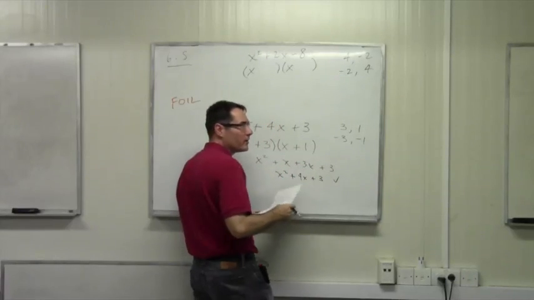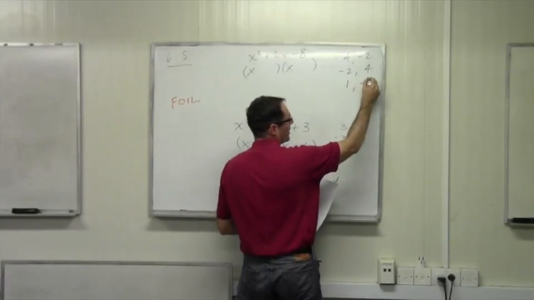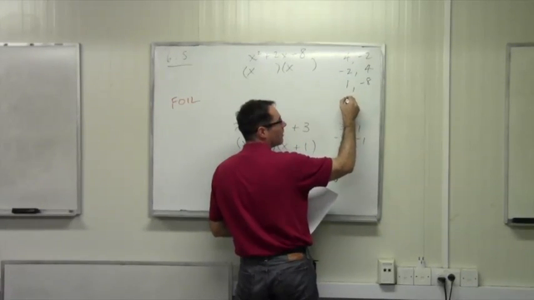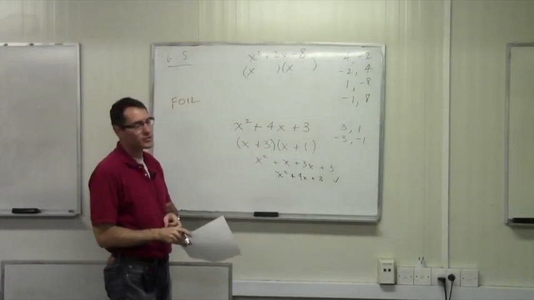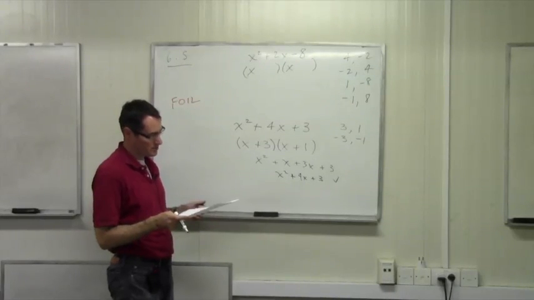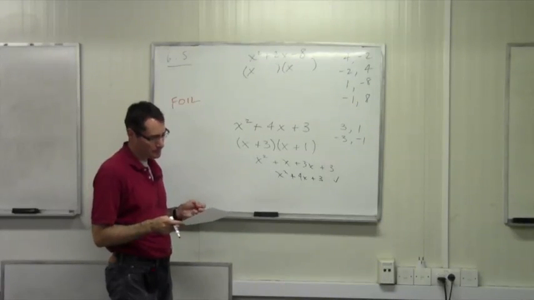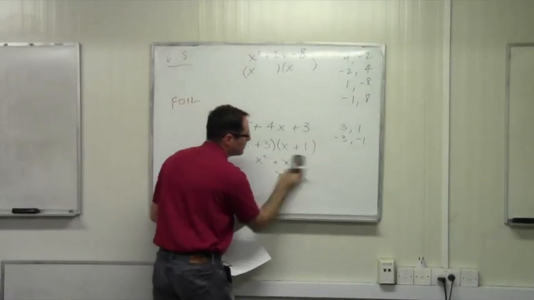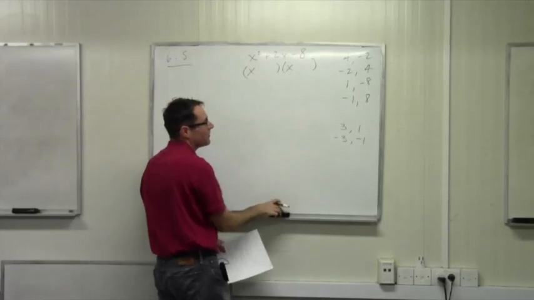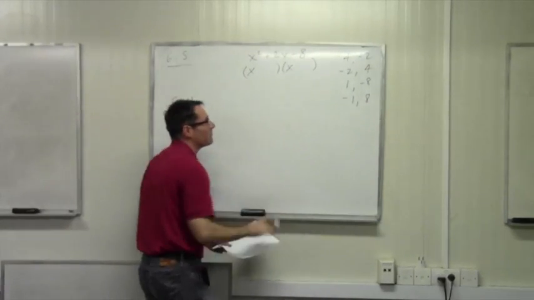What else? 1 and 8, or 1 and -8, or -1 and 8. Any others? So our answer is going to have to be one of those choices. Let's figure out which one it ends up being.